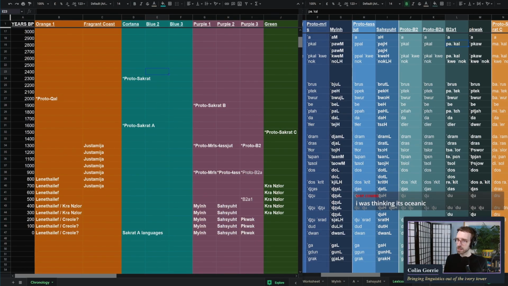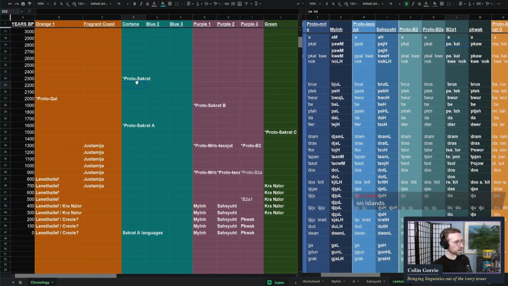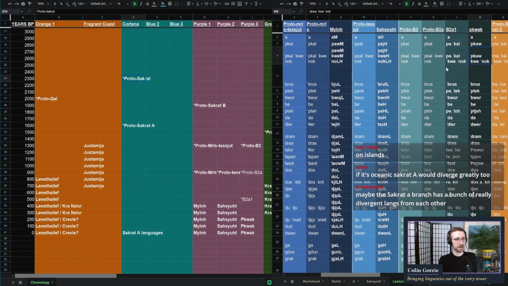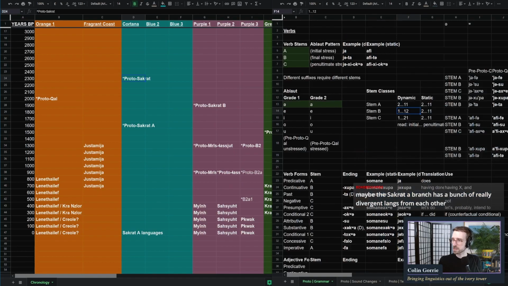Yeah. So we've got now history stretching back to our earliest proto-language, Proto-Sakrat, and it is spoken roughly 2,300 years before the present. So that's a decent span of history. We could probably do more, but we don't have any more fully developed languages to place in it unless we go take a look at the call languages.